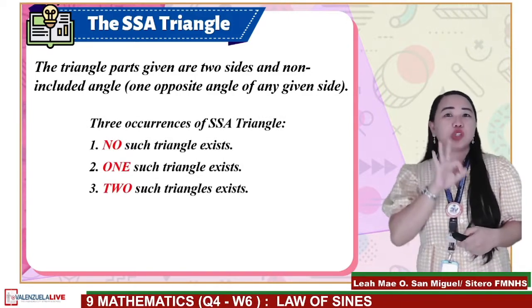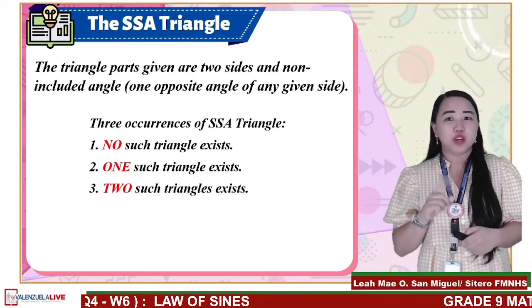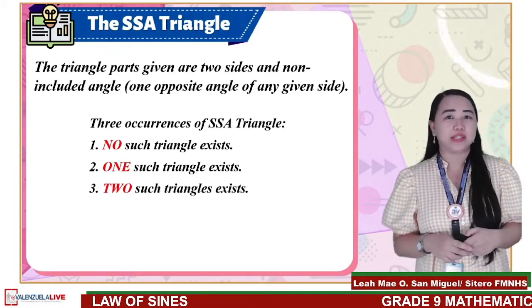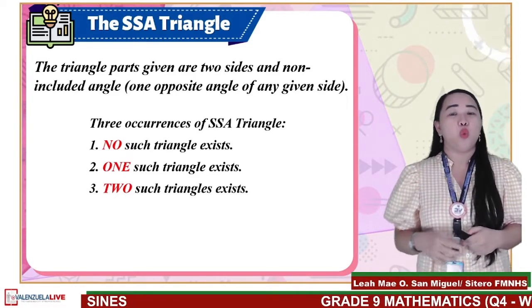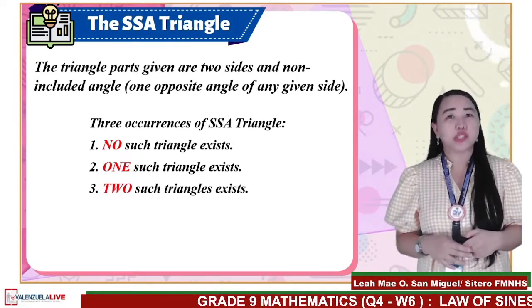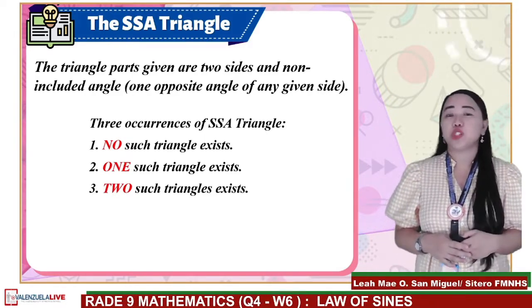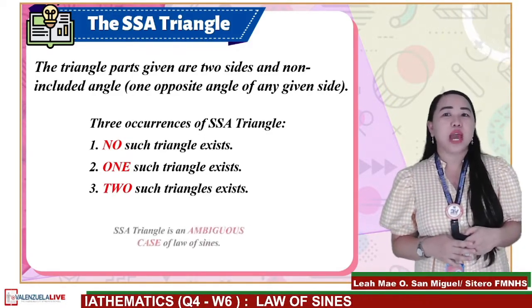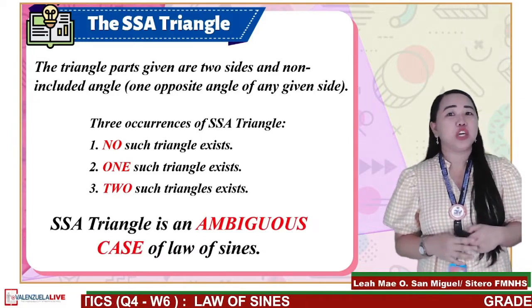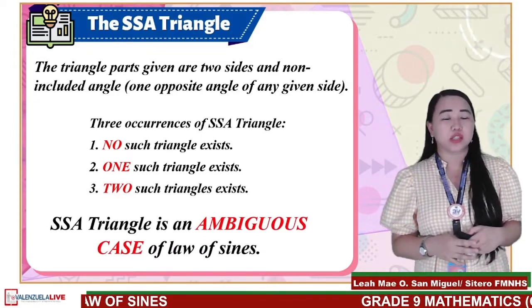There are three occurrences of SSA triangle. 1. No such triangle exists. 2. One such triangle exists. And 3. Two such triangles exist. Since there are three occurrences, this type of triangle is an ambiguous case of the law of sines. Why ambiguous case?